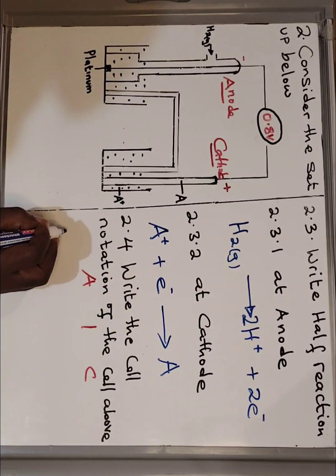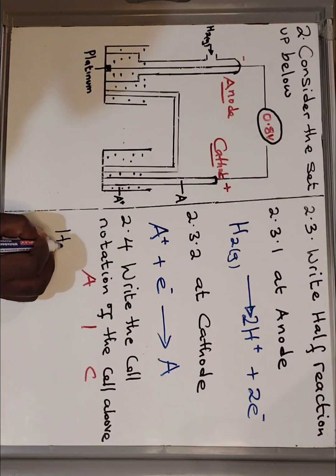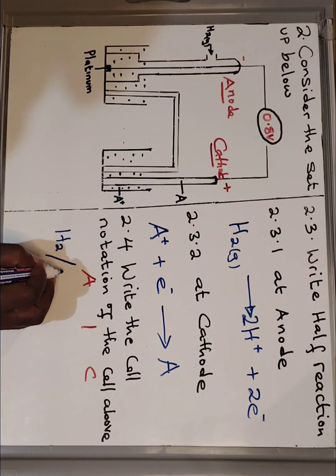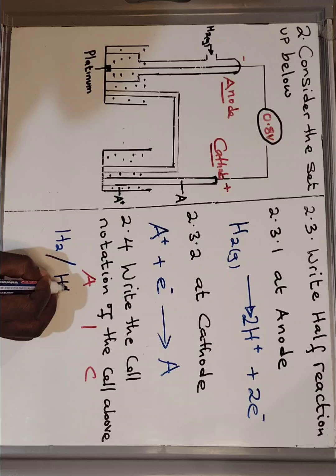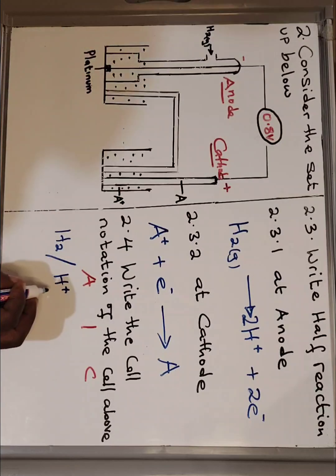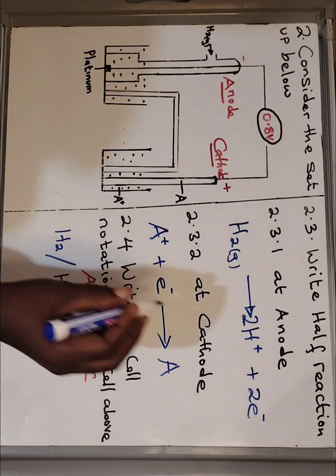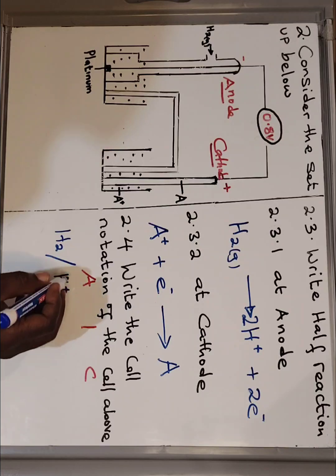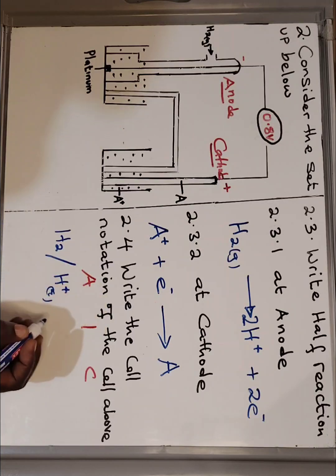So we start by writing H2. Then you bring in the phase boundary. Then you bring in hydrogen ions. It is very important to realize that we don't bring the numbers which are there, the twos. So we are having now the aqueous solution.